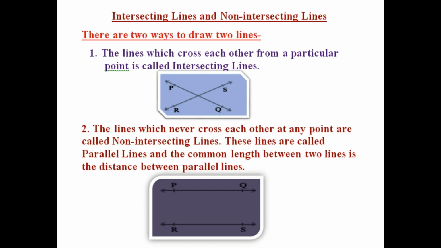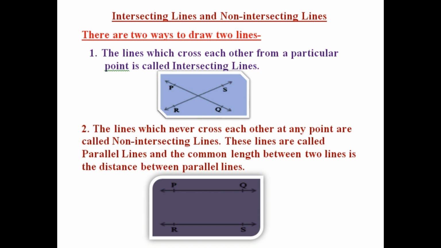You come to parallel lines. The lines which never cross each other at any point are called non-intersecting lines. They are also called parallel lines. The common length between two lines is the distance between the parallel lines. That means the distance between parallel lines is always the same.